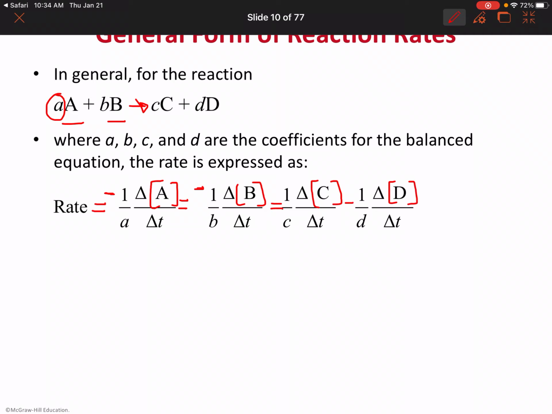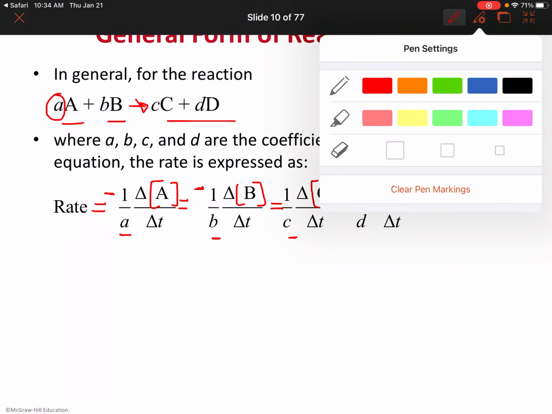The C and D are going to be positive because they are your products. So if you have these coefficients, how would you write the rate law? Negative 1 over small a, delta A over delta T, equals negative 1 over small b, delta B over delta T. So these are your coefficients. It's not the negative sign.